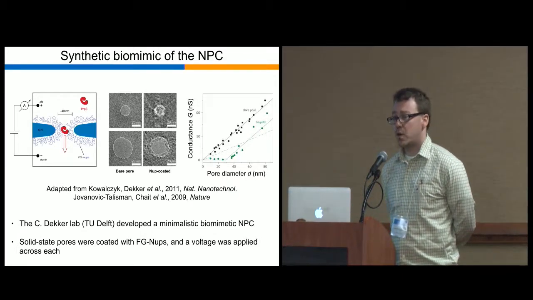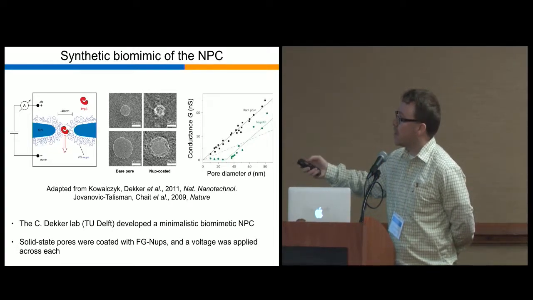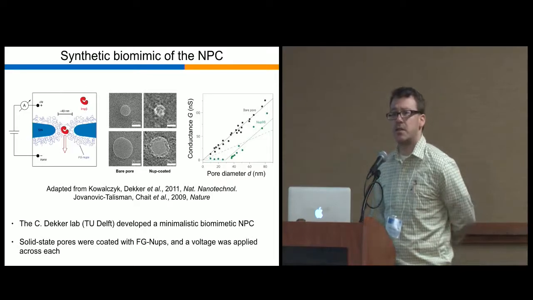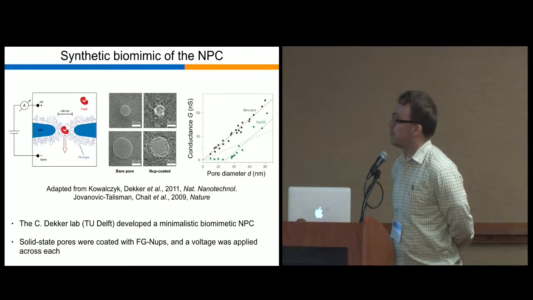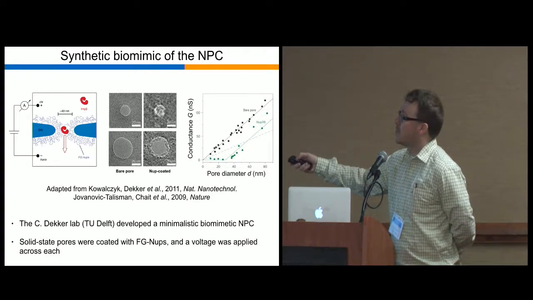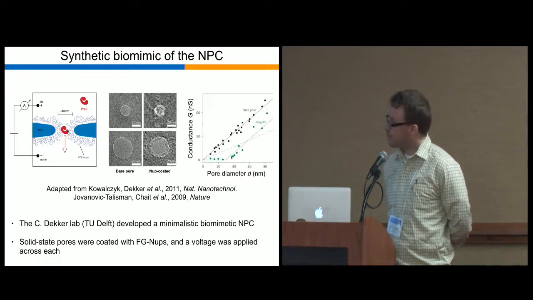What they did was to drill a hole of various sizes in a solid state membrane of their design and to coat that with NUPs. And they did this with several different species.